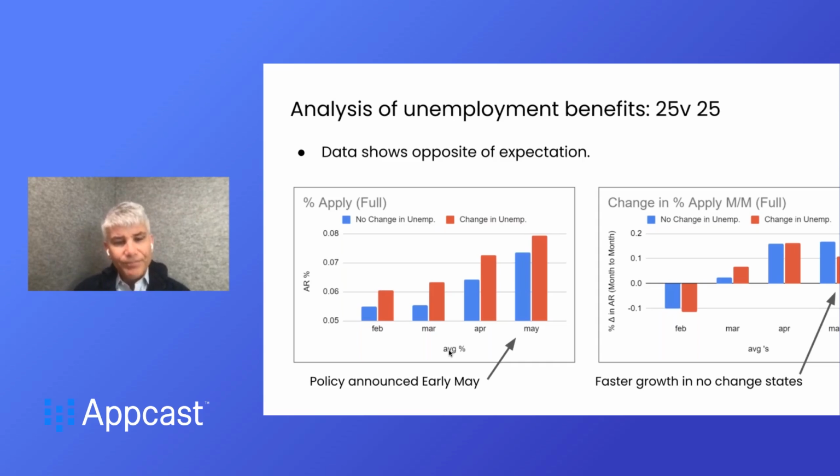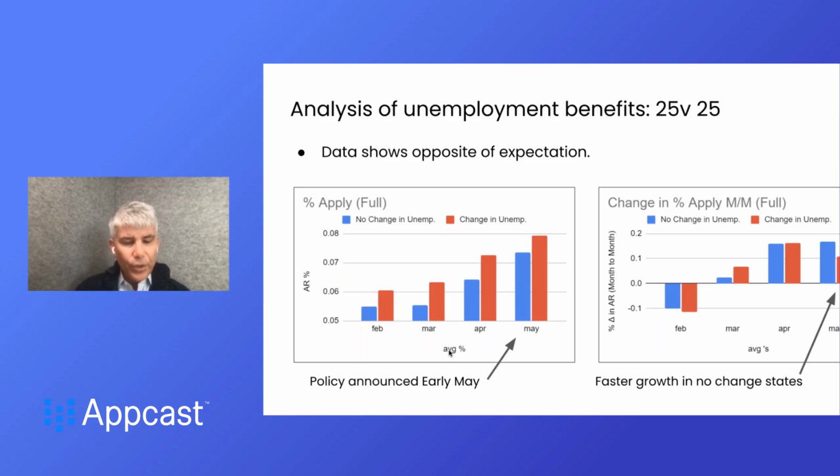And what's interesting is that at one glance, that proved to be true. The states that changed unemployment had a higher apply rate, and the states that didn't change their unemployment, of giving the extra $300, had a lower apply rate.